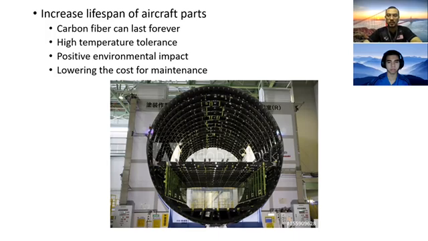So it doesn't cause any problem to the environment, and it can also help lower the cost of maintenance. This picture over here is an example of the fuselage of an aircraft. It was made from carbon fiber because it is very strong and can last a very long time.